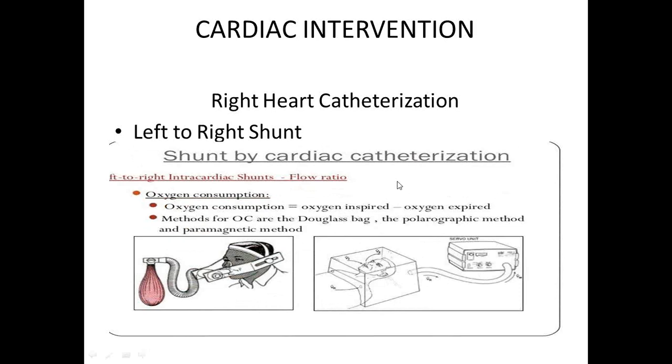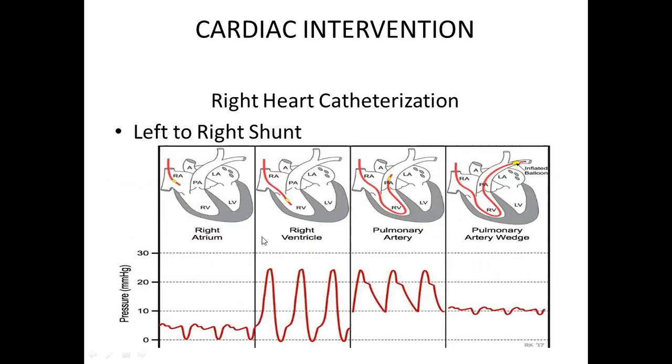So that's the difference, the oxygen consumption. And these are some of the methods that we use to measure oxygen consumption. We talk about the Douglas bag or the paramagnetic methods.